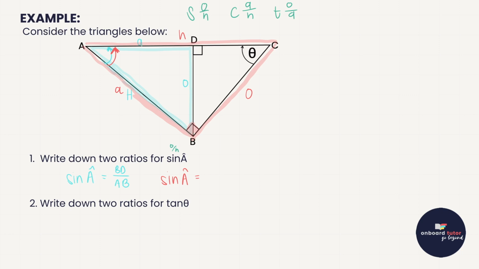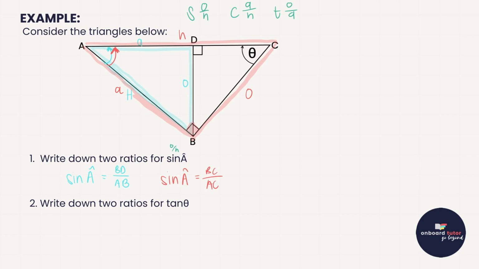It refers to another triangle, but that's okay. We want the opposite side of the red triangle, so that's BC, over the hypotenuse of the red triangle, which was AC. So there we go, two different ratios for sine of angle A.